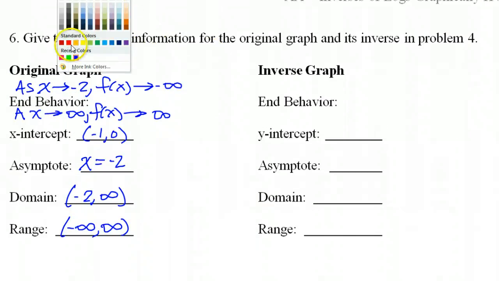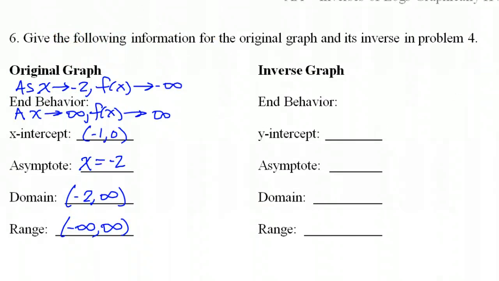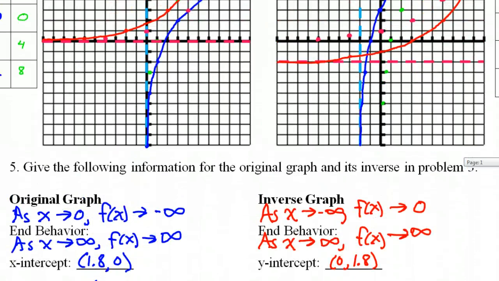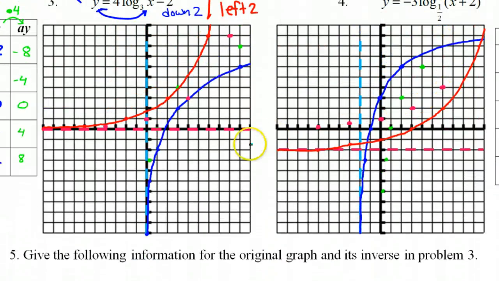Now I'm going to switch to red because we did the inverse graph in red. So look at the red now. First is the end behavior. This does go left forever. So when we want to say what happens on the left, we will say as x approaches -infinity. Now, as x approaches -infinity, what happens to the y values?